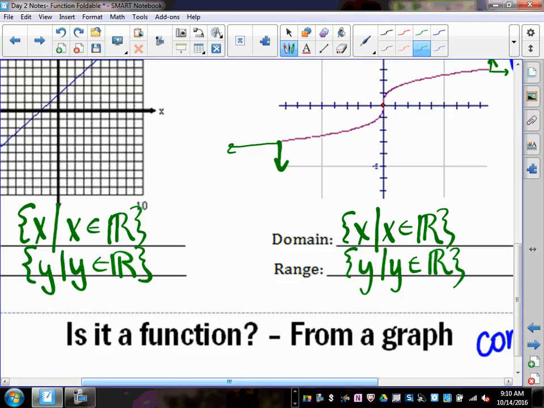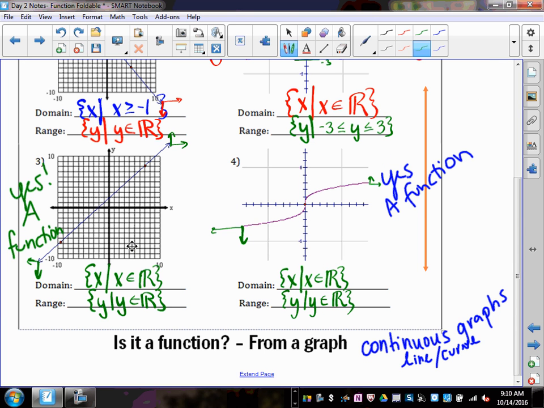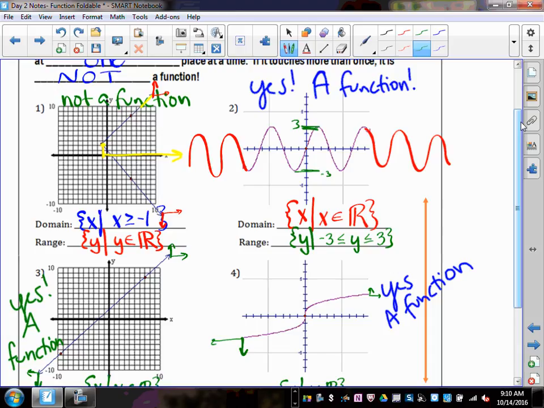When do you put numbers instead of all real numbers? Let's take a look at number 2. Notice that your y values didn't go forever in either direction. Your lowest point on your graph was -3. Your highest point was +3. So that's going to be in between there.